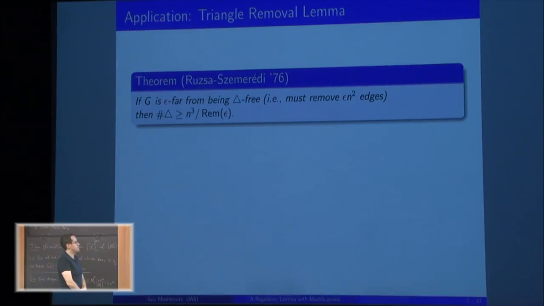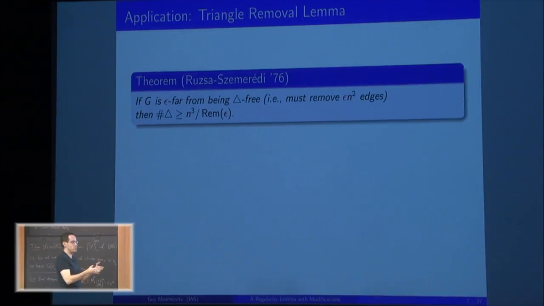So this is a statement by Ruzsa and Szemerédi, actually predating the '78 paper by Szemerédi. They use a slightly earlier version of the regularity lemma to prove this, but not very important. Here is the statement. It says the following: if your graph has roughly n squared edge-disjoint triangles, then the total number of triangles that it has is roughly n cubed.